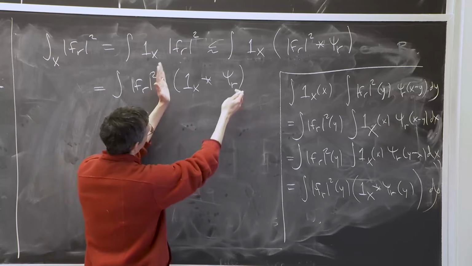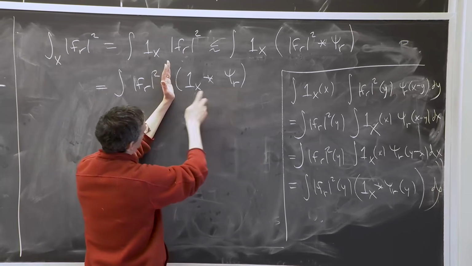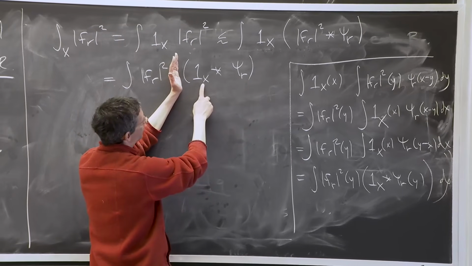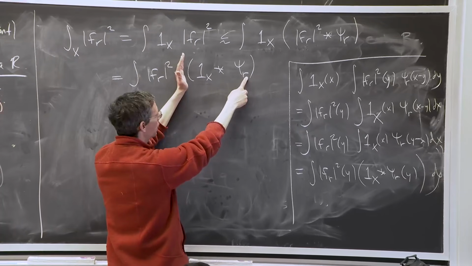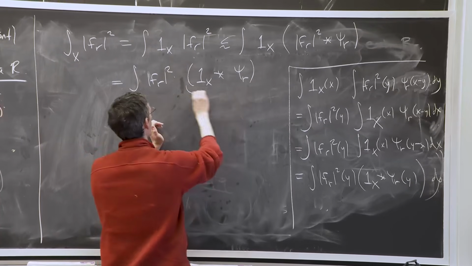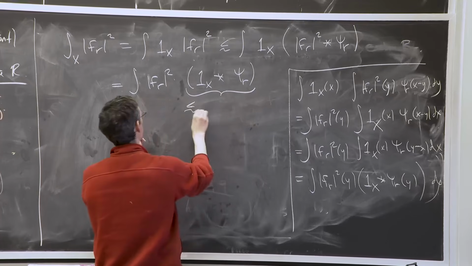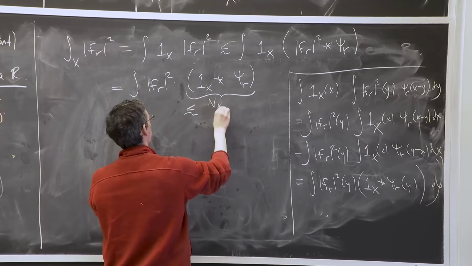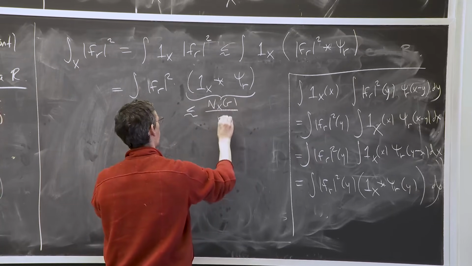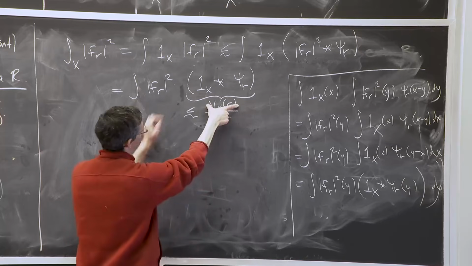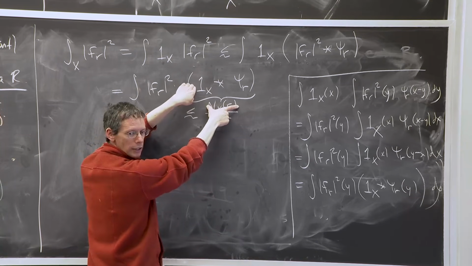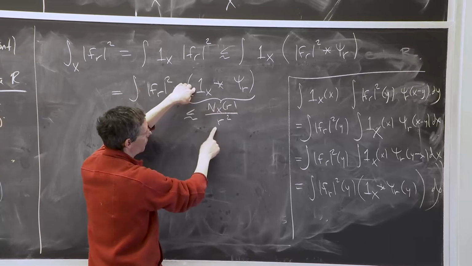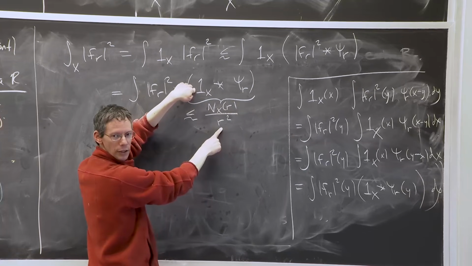The intuitive meaning of this is I've averaged the characteristic function of x over balls of radius r. And so this is bounded by nx of r over r squared. This is the integral of that guy over a ball of radius r. And then I'm taking the average, so I divide by the area of the ball of radius r.